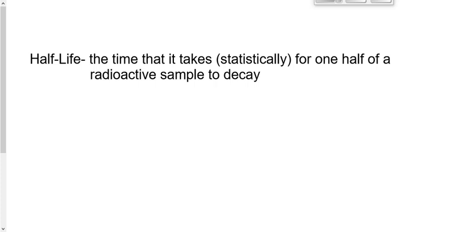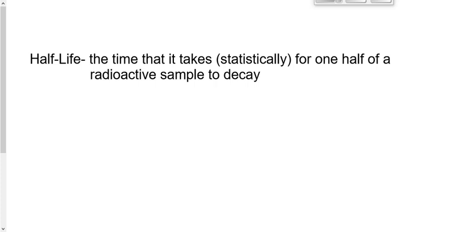It's kind of like flipping a coin. If I have 2 quarters and I flip them twice, all bets are pretty much off as to how many heads and how many tails I'm going to get, right? Statistically, I'm going to get 1 head and 1 tail. But with such a small sample size, it could easily be 2 heads or 2 tails, right? And it could easily not work out to be 50-50.